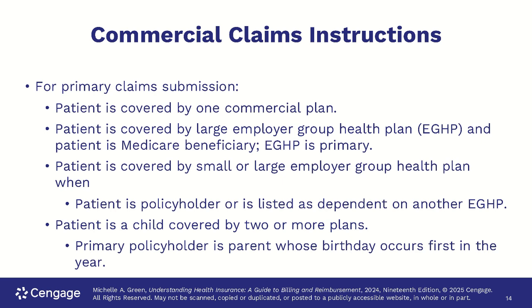All right, commercial insurance. Commercial insurance claims processing is really governed by an official body called the NUCC. I cannot remember what that stands for. I think it's the National Uniform Claim Committee. That sounds good, right?